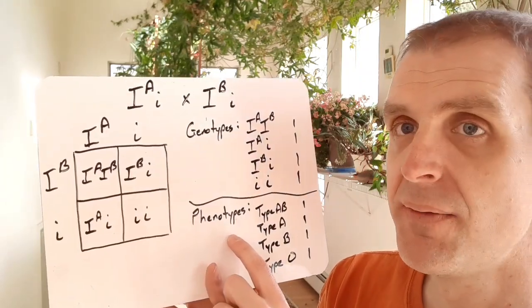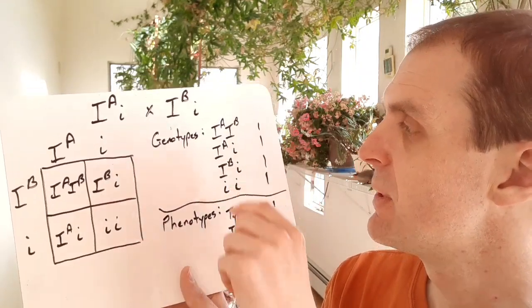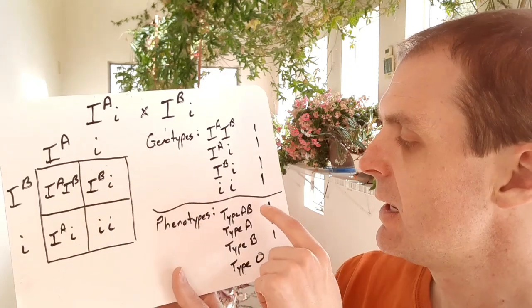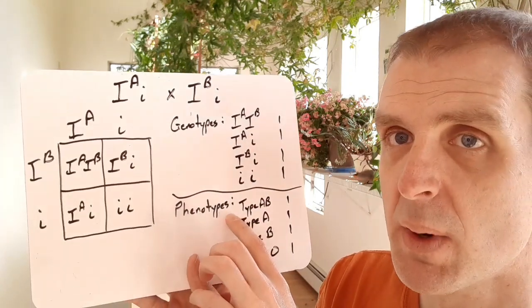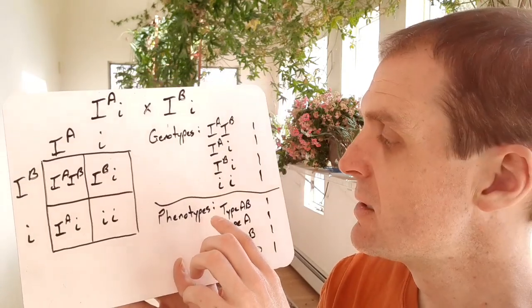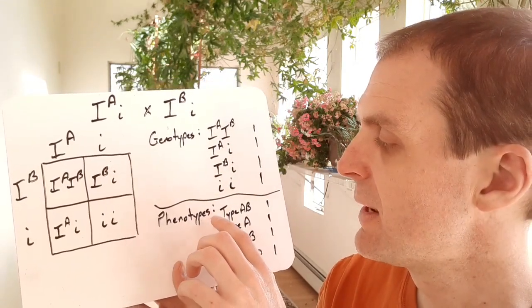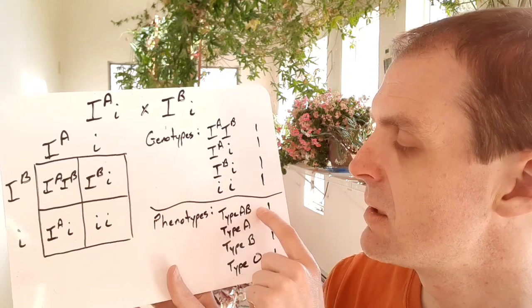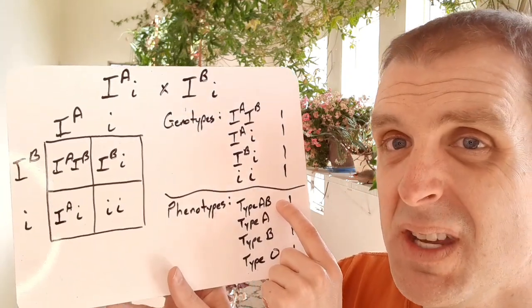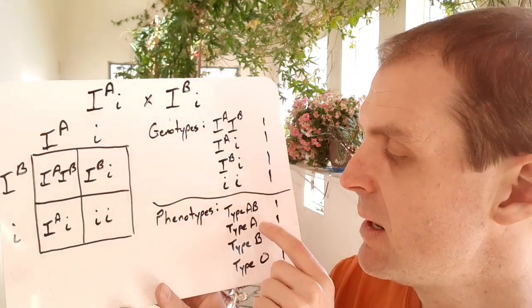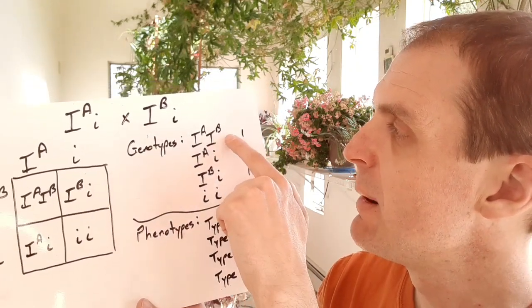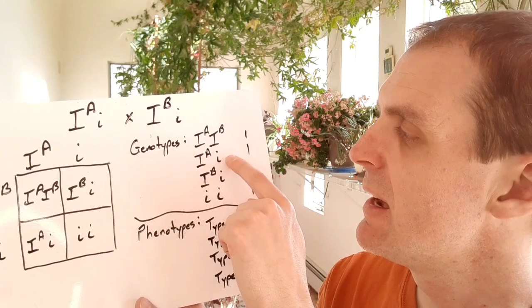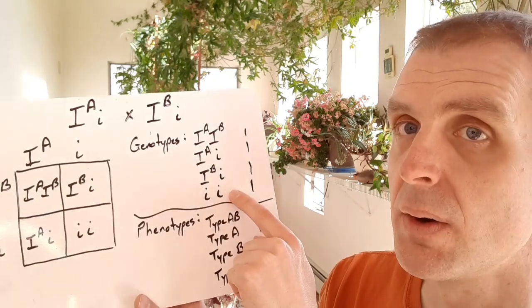Now, the phenotypes, I've written these up in the same order as shown here, is also 1 to 1 to 1 to 1, but the phenotype is what you would say the blood group is. So the character is your blood type, and the traits are type AB blood, type A blood, type B blood, and type O blood, and that matches up with the AB, the A, the B, and the O here.